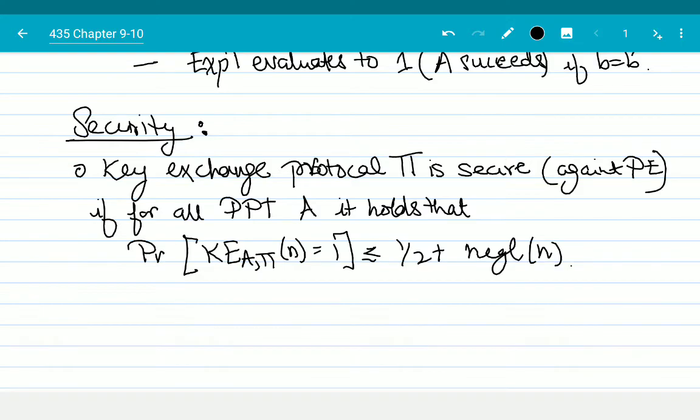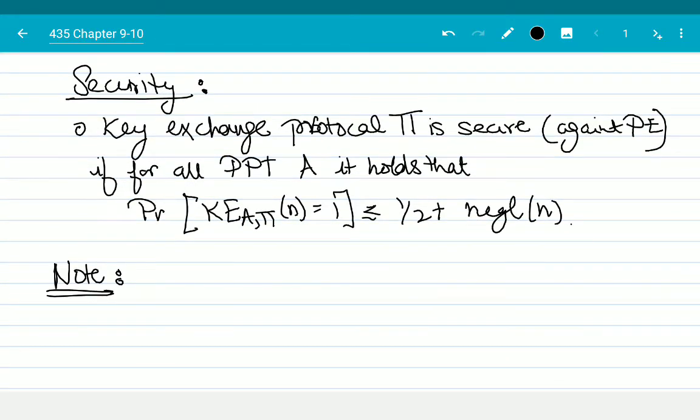Okay. Note, what we are asking is something stronger than just you cannot compute the key.